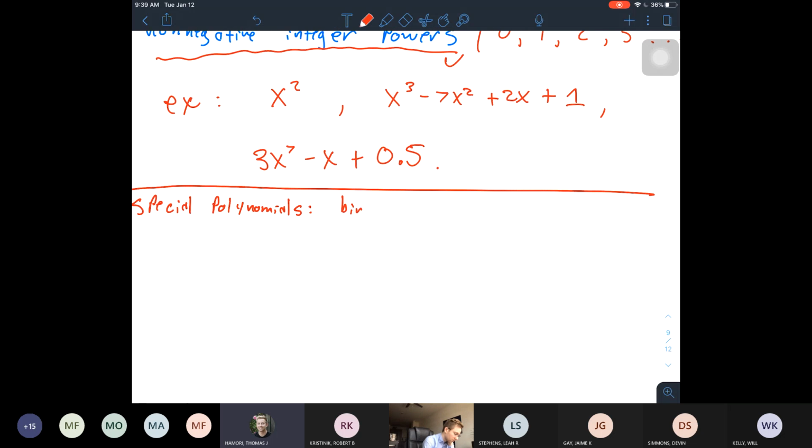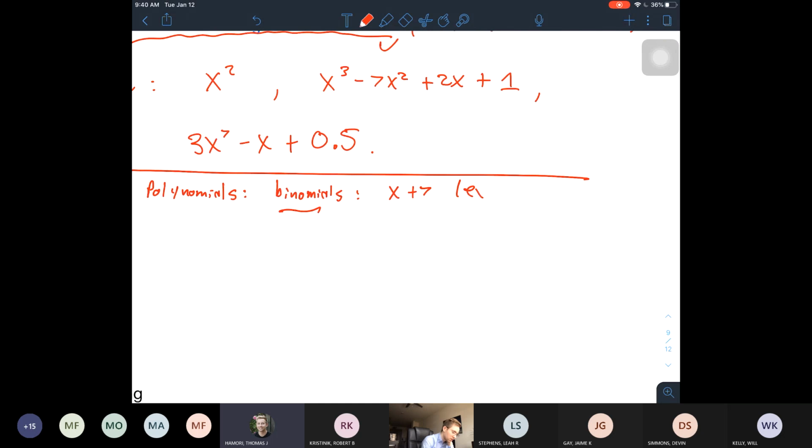Binomials are expressions with just 2 terms. So things like x plus 7. If you ever did word roots or Latin roots, bi is the Latin root for 2. So we have 2 terms, x and 7 in our case.